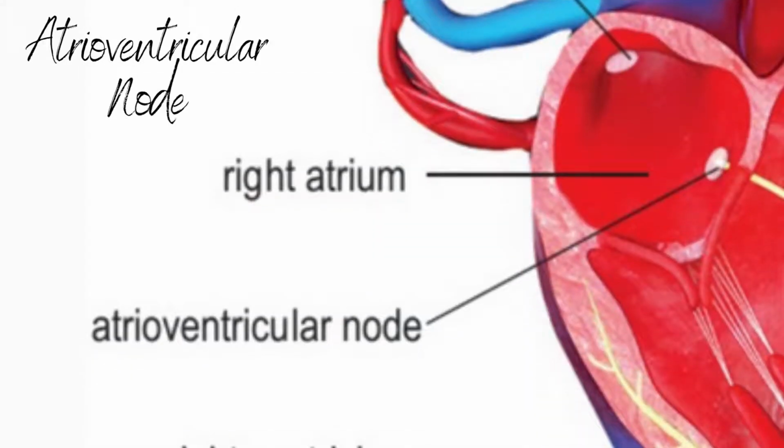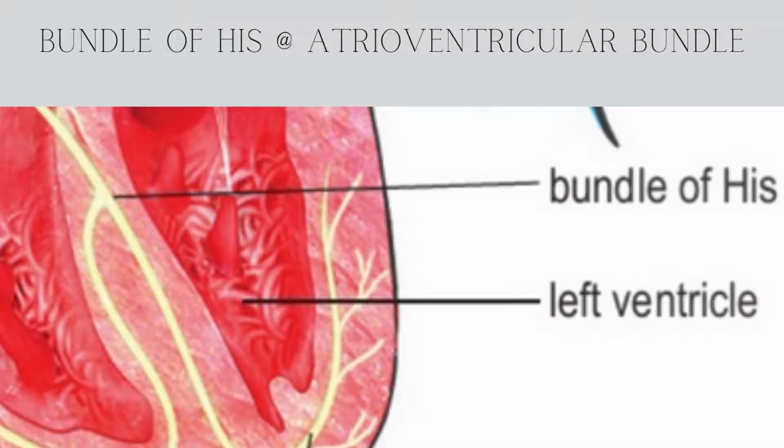Okay, let us continue back to the part which is the atrioventricular node. The atrioventricular node is this white thing, and it is also located near the right atrium. Other than that, this here is the bundle of His, or also known as the atrioventricular bundle.